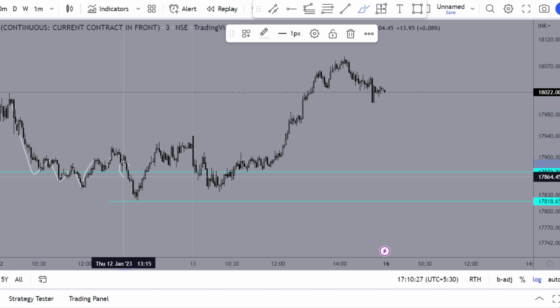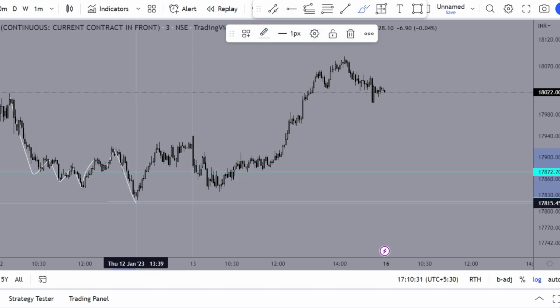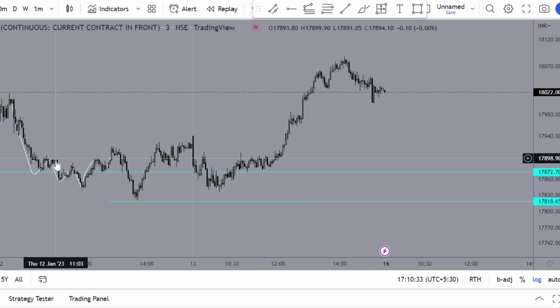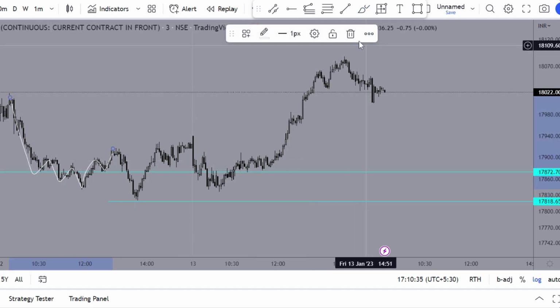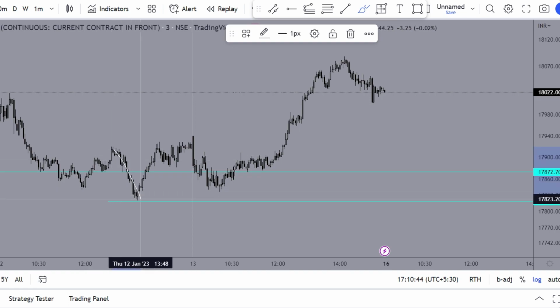Somebody might have opened a position here, but with a stop loss. Then again, we made a new structure low, which was formed after triggering these highs. Now you go up, a pullback, again a new structure high.